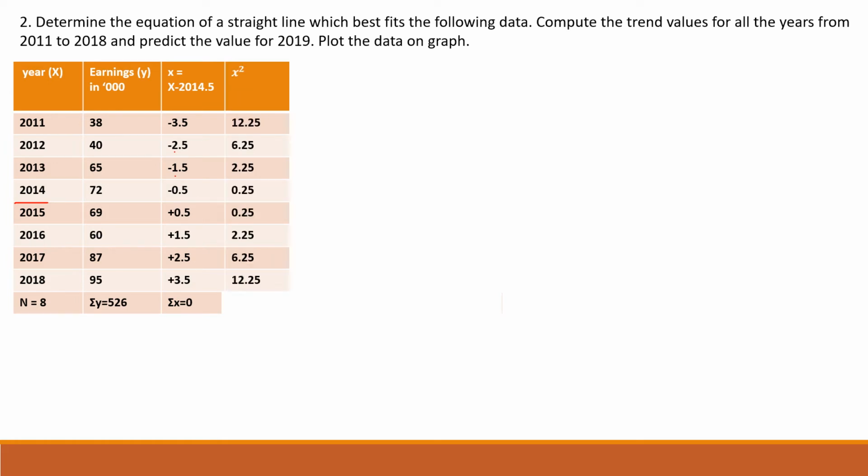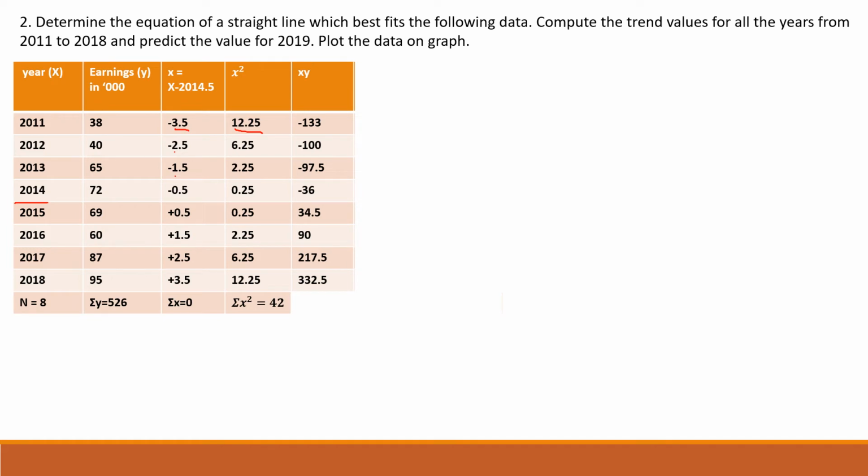Next we have to calculate x square, that is, the column of x has to be multiplied twice. x into x, that is minus 3.5 into minus 3.5, you will get 12.25. In the same manner we calculate for all the years. Therefore the summation x square, that is the total of the x square column, is 42. Then we have to calculate x into y.